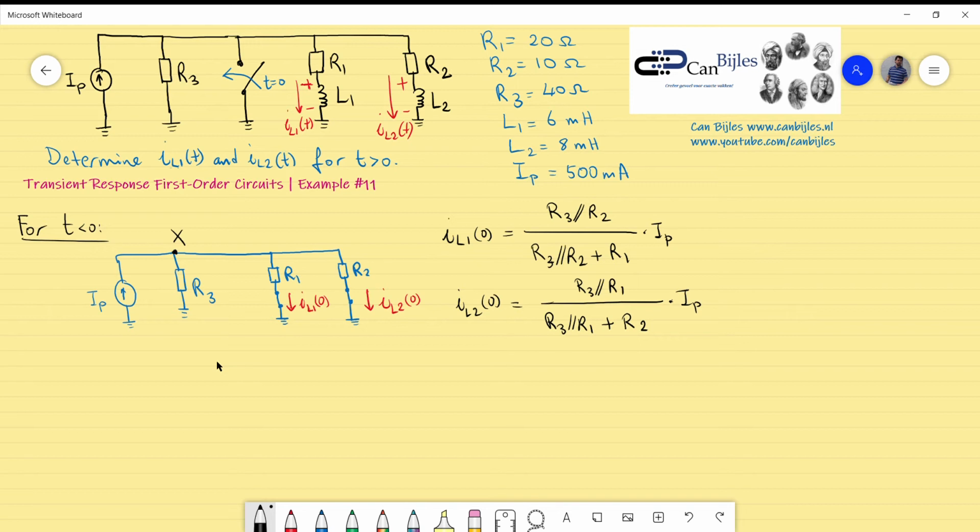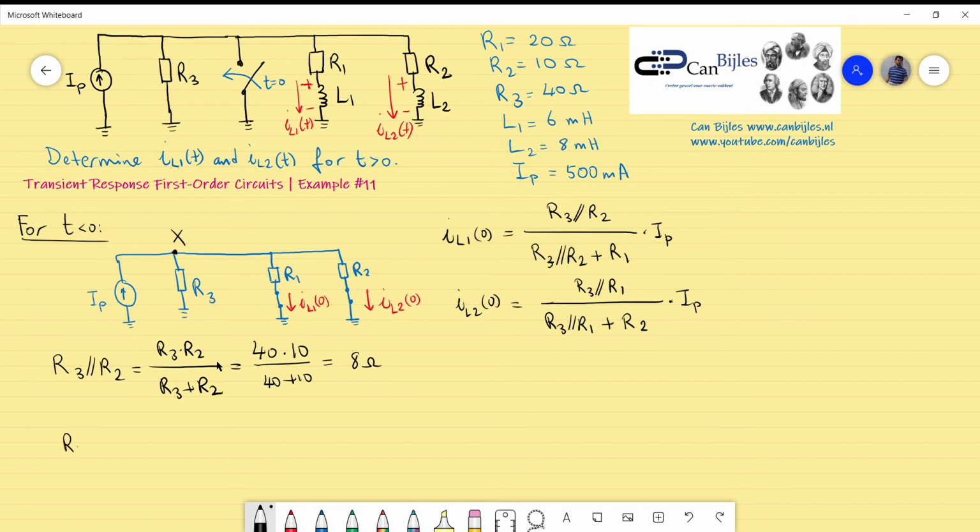So we need to calculate R3 in parallel with R2, and that is R3 times R2 divided by R3 plus R2. So what we have is 40 times 10 divided by 40 plus 10. It will be equivalent to 8 ohms.